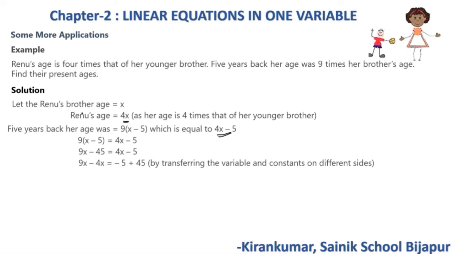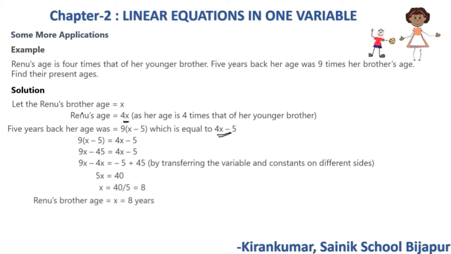We have transposed all the variables and the constants to the respective sides, so the sign is being changed. 9x minus 4x is 5x, minus 5 plus 45 is 40. Therefore, x will be equal to 40 by 5, which is 8.